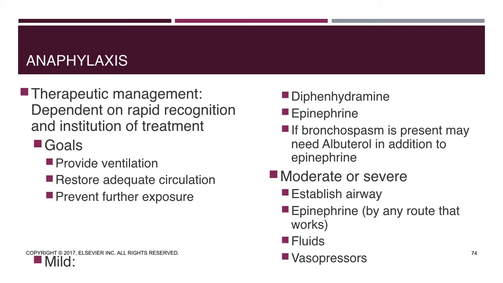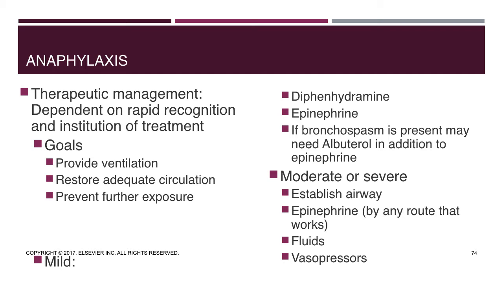There's one situation where epinephrine is the drug of choice. There's another situation where if we have bronchospasm happening, albuterol is the drug of choice, because we may actually have both of those things happening at the same time. So your patient may need inhaled albuterol and epinephrine for their circulatory collapse.